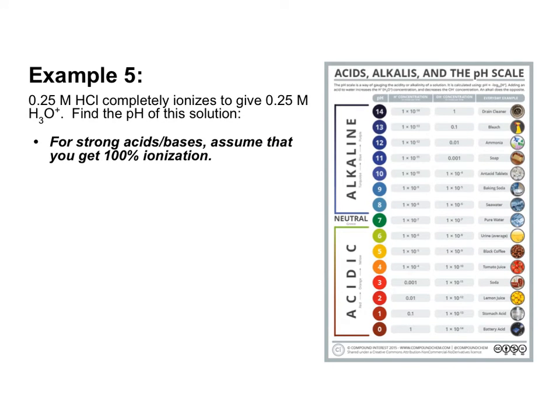Again, in this case here, I have a 0.25 molar hydrochloric acid solution. Hydrochloric acid is a strong acid, so it breaks apart completely. But we remember that H3O plus and H plus are kind of the same. So in this case, because it completely ionizes, I know that I have H3O plus concentration of 0.25 molar.